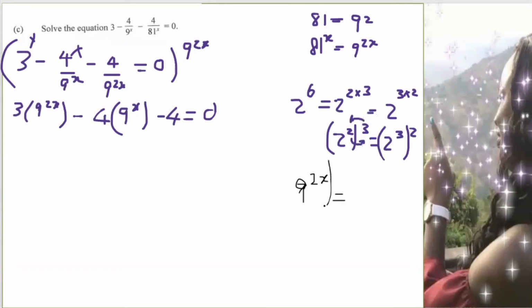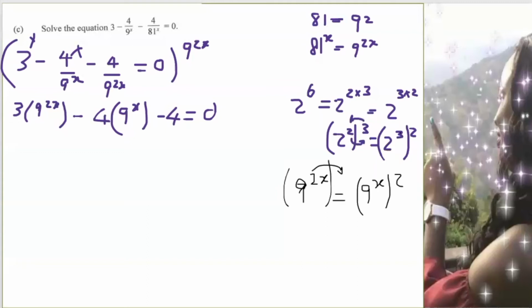And what I'll do is carry the 2 on the outside. So I will have 9 to the power x inside the bracket, while I'll have the 2 on the outside, and it is the same thing as 9 to the 2x.